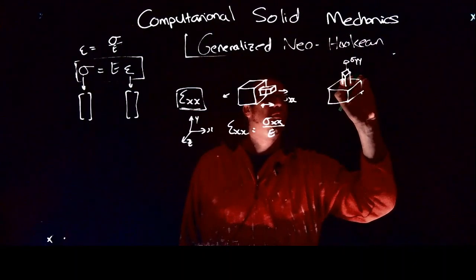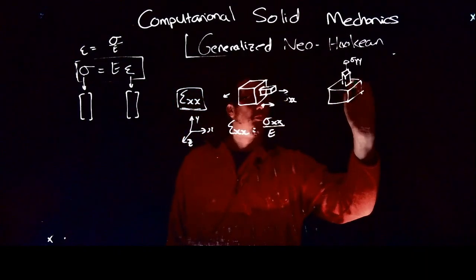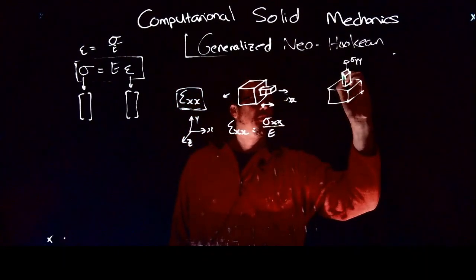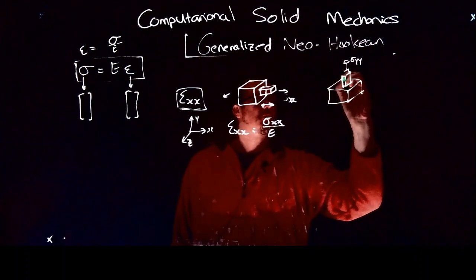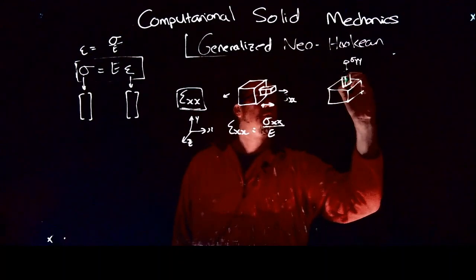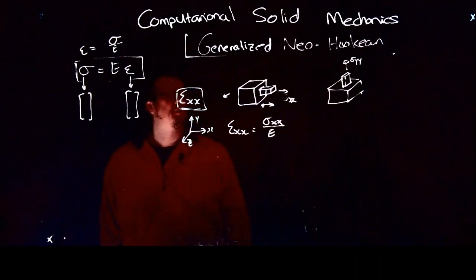So that sort of looks like that. Let's draw it a little bit better. This is not a good work of art. Okay, so that is essentially what could have happened there.